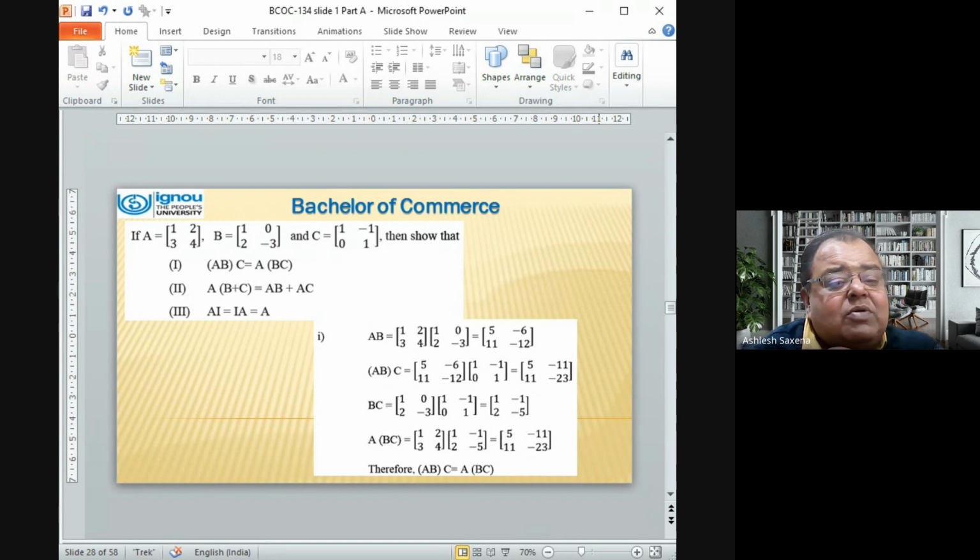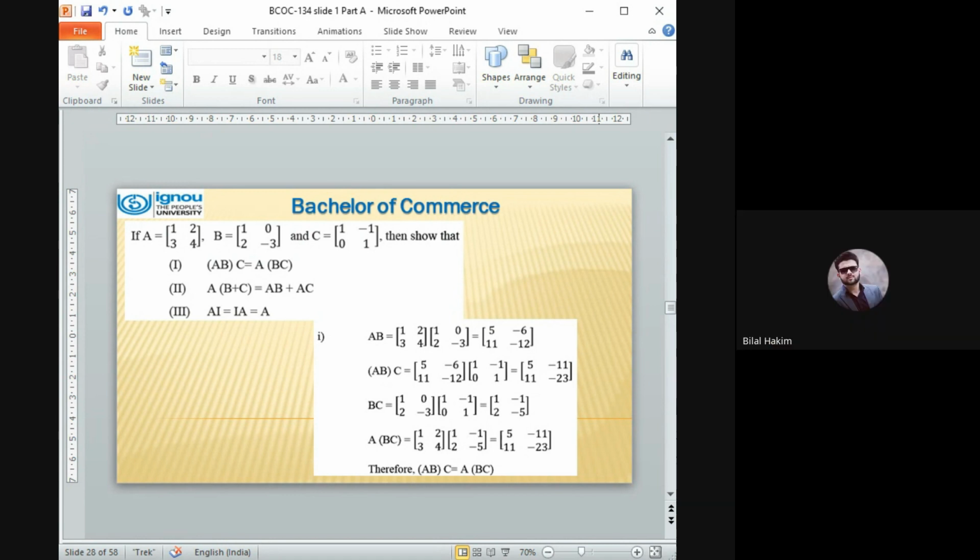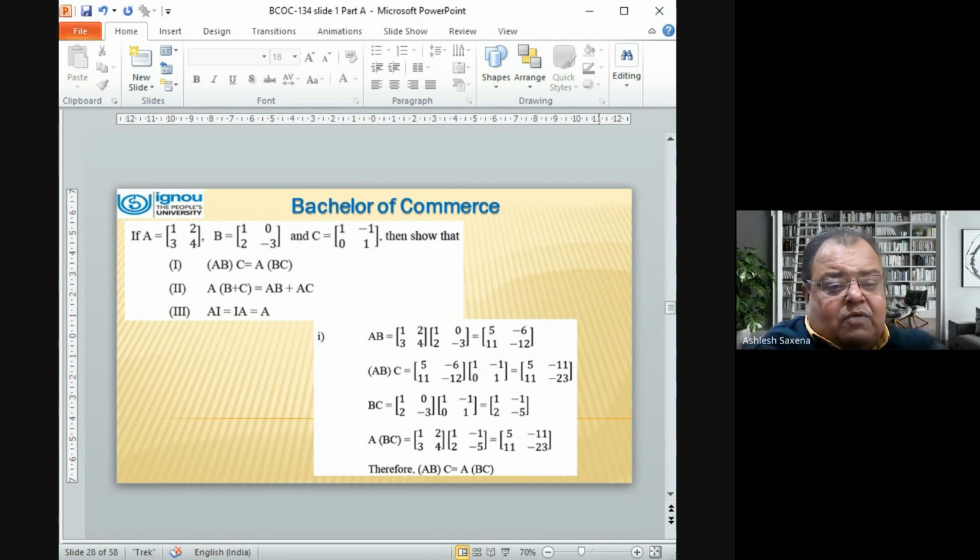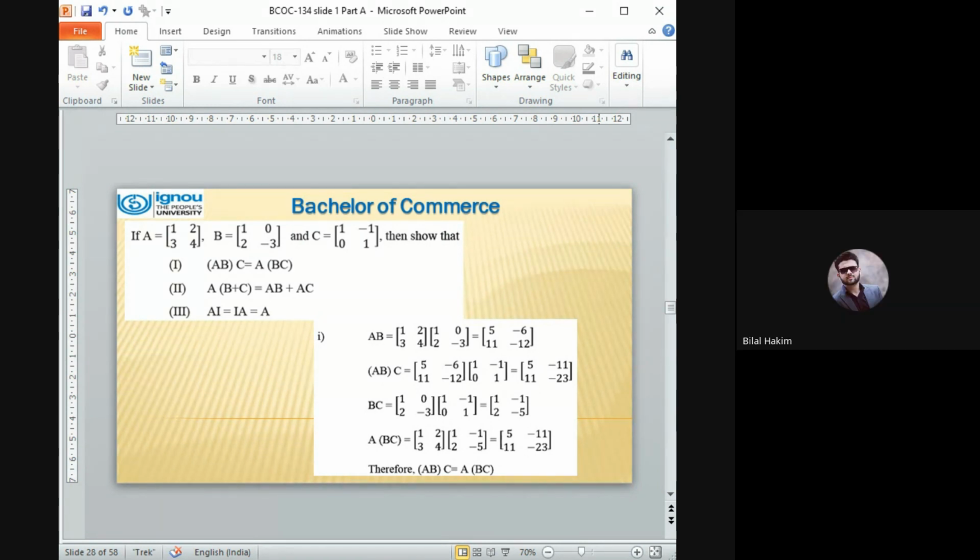I'm asking you, 1 of matrix A will be multiplied by which element of matrix B? 1, 0, 2, minus 3. Remember, the first element 1 will be multiplied by element 1 of column 2, matrix B.